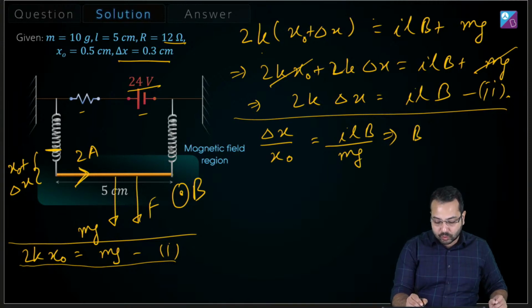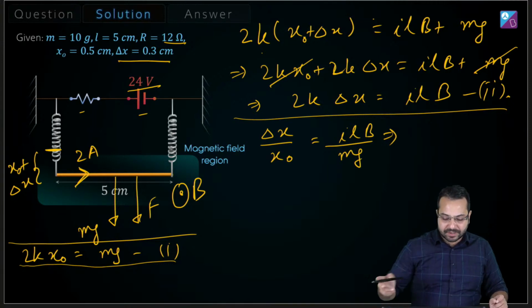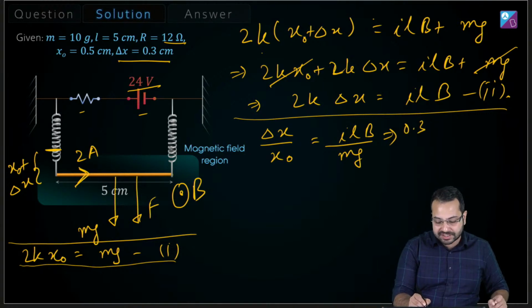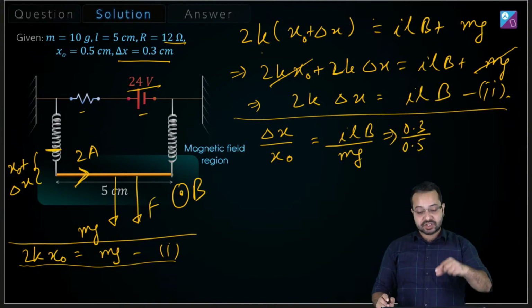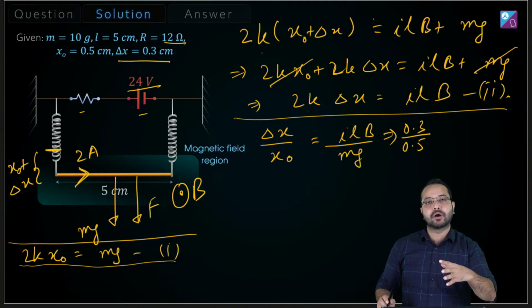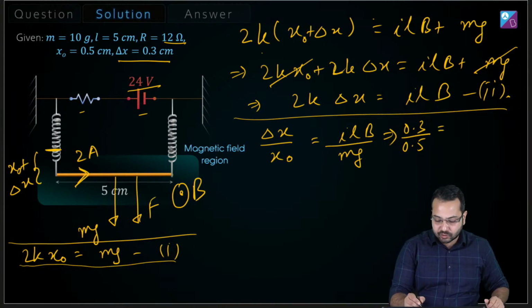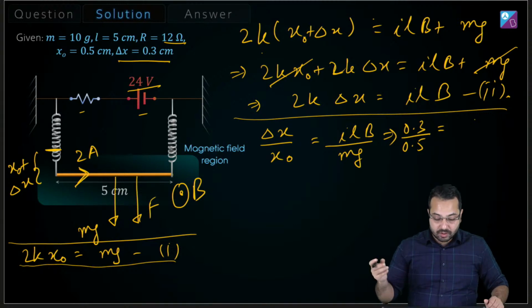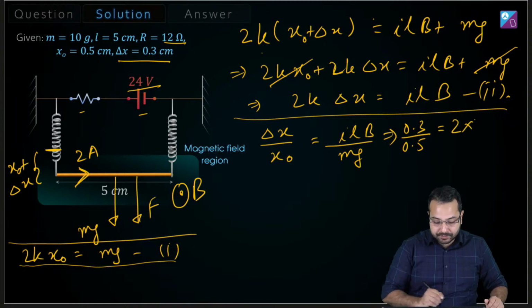So what is the final result? Now we can substitute the values also. Delta x is 0.3 centimeter and x naught is 0.5 centimeter. Because both of them are centimeter, I don't worry about the unit. It's the ratio, it gets cancelled out. So this is equal to ILB divided by mg. What is I? I is 2 ampere. What is L?